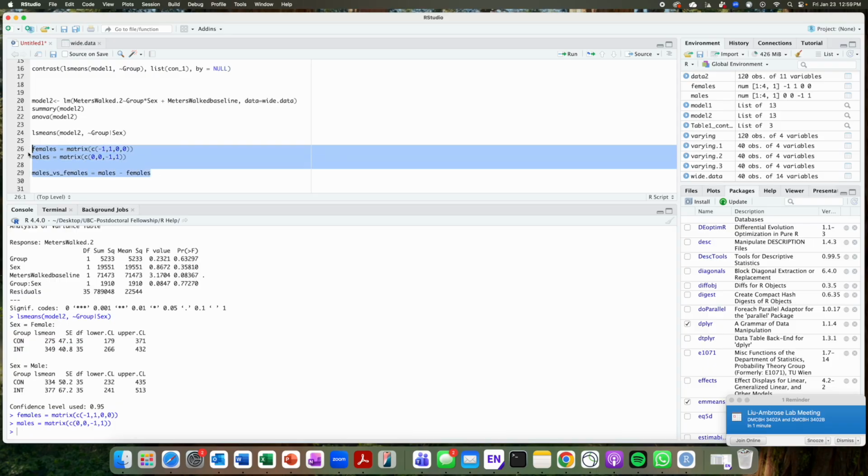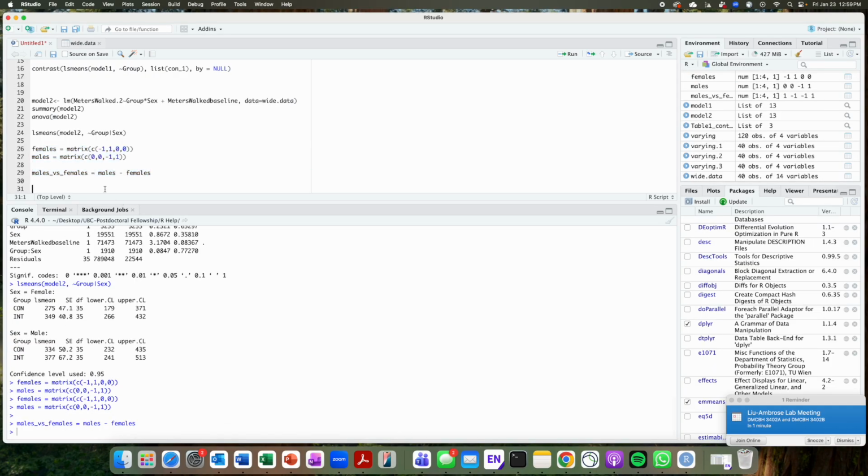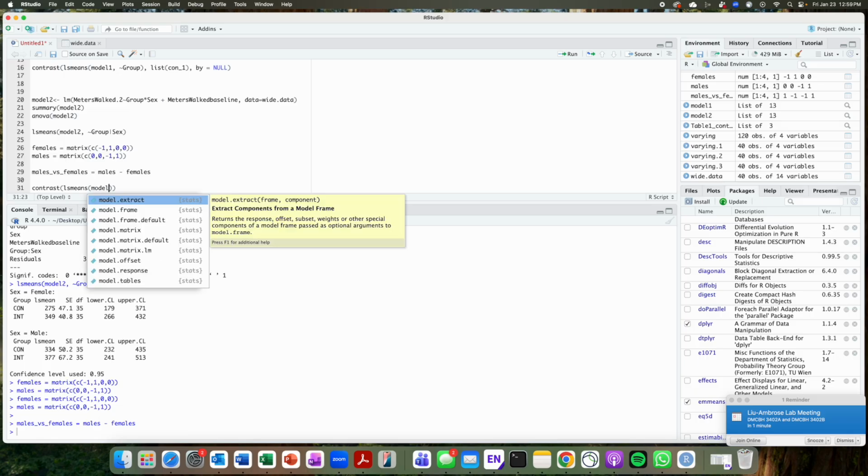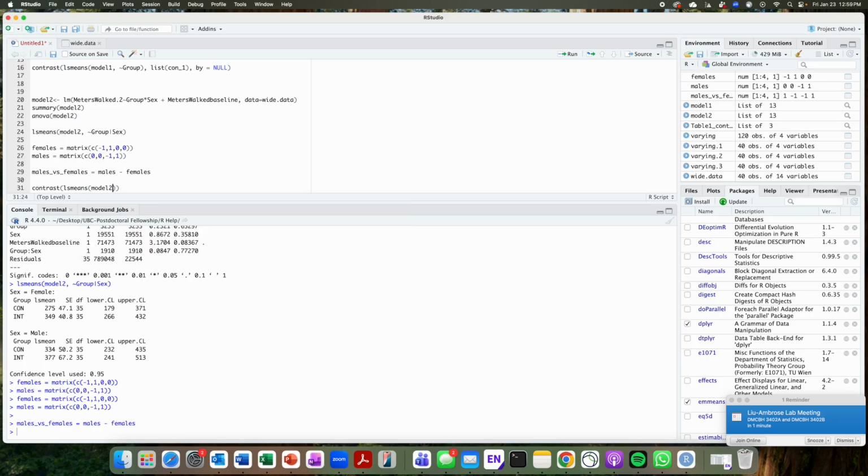So now that I have all this set up, I'm going to go ahead and develop that contrast statement. So now I'm going to use ls means again, and then I'm going to do model 2, and then group by sex, and then I'm going to list the group, the males versus females, because this is the one that I'm interested in.